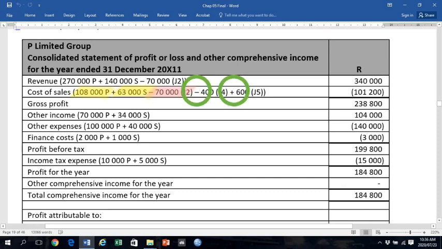If you apply the incorrect sign in your calculation, you're making a principal error and you will be penalized. The rest of the line items in the consolidated SPLOCI only comprises adding 100% of the parent to 100% of the subsidiary. There were no other intragroup transactions to eliminate, therefore no further journal entries to consider.